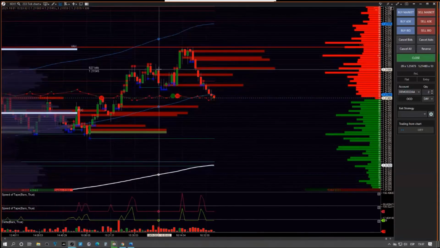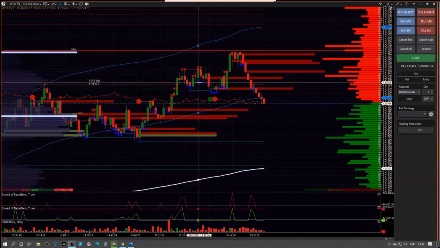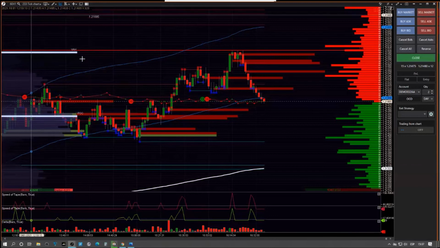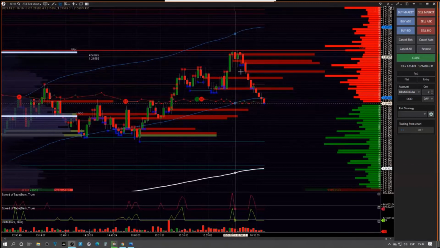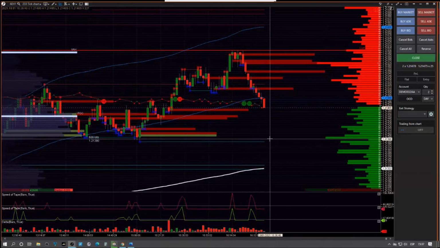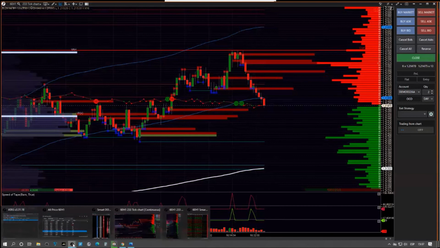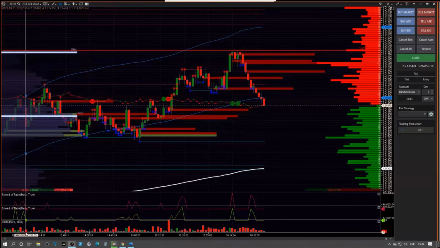As you can see, the bars are the same as any other graphics in any platform. This is the euro as well, and we can see regular candles, green and red, like everybody will have. Let me just bring up a clean chart so we can go step by step.